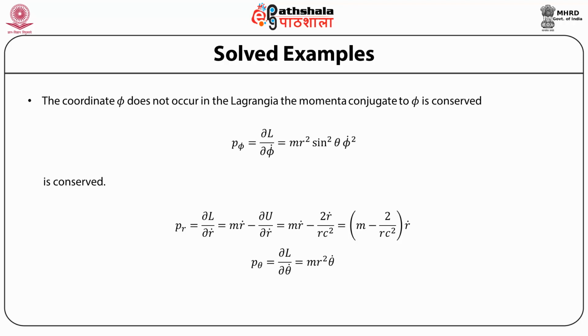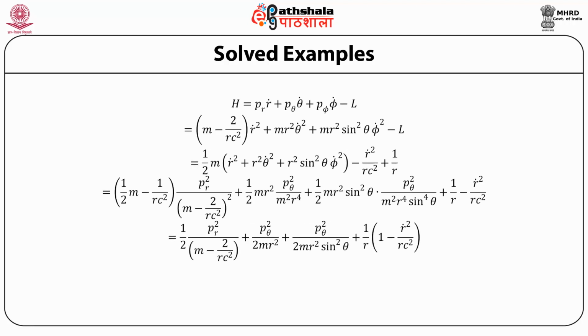The momentum conjugate to the coordinate r is p_r, which is equal to dL by dr dot, is then equal to m r dot minus dU by dr dot, and using the expression for U, this is equal to m minus 2 by (r c square), the whole thing multiplied by r dot, and likewise the momentum conjugate to the coordinate theta, p_theta, is m r square theta dot. Now the Hamiltonian H can be written, because H is simply p_r r dot plus p_theta theta dot plus p_phi phi dot minus L.